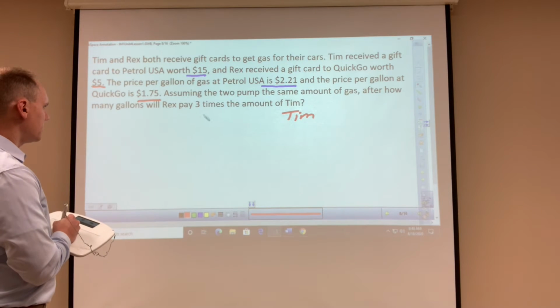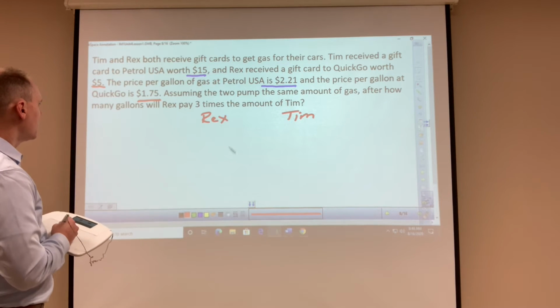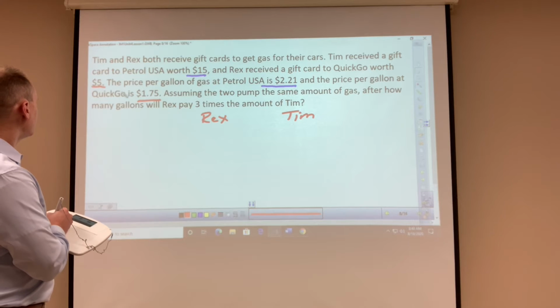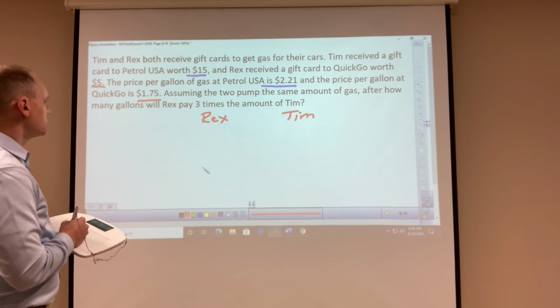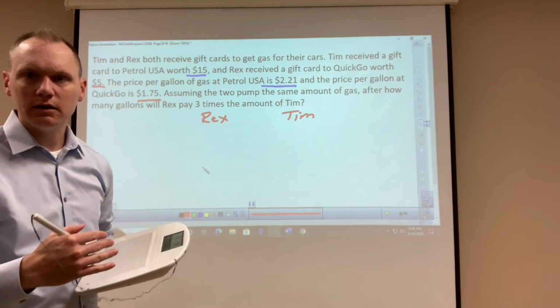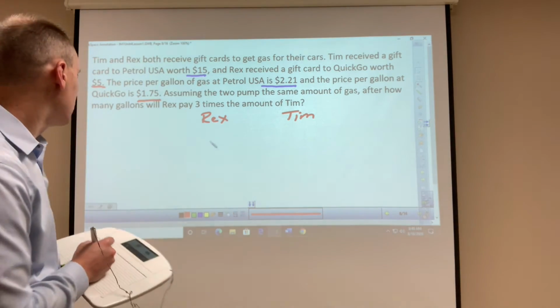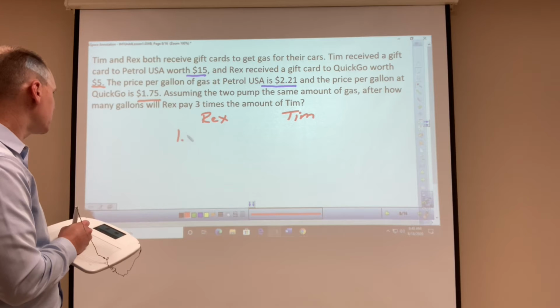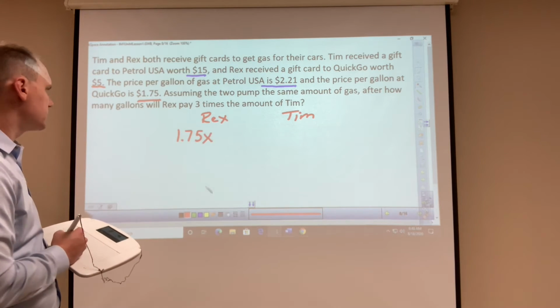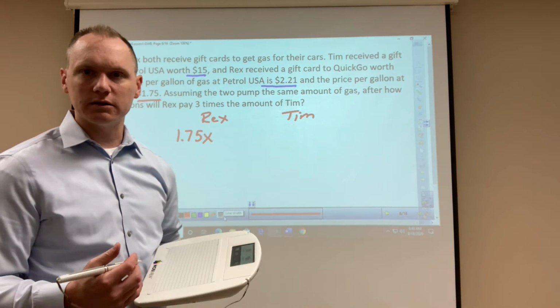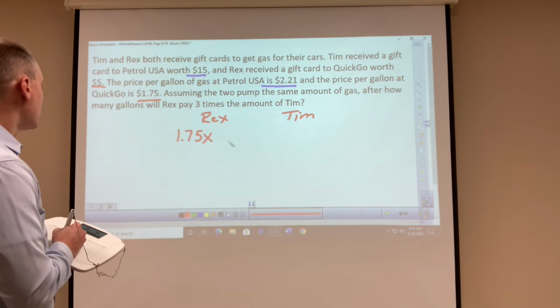So Rex pays $1.75. So for every additional gallon that they pump, Rex is going to pay $1.75. So that's that recurring amount, $1.75 times x, where x represents the number of gallons that they've pumped.